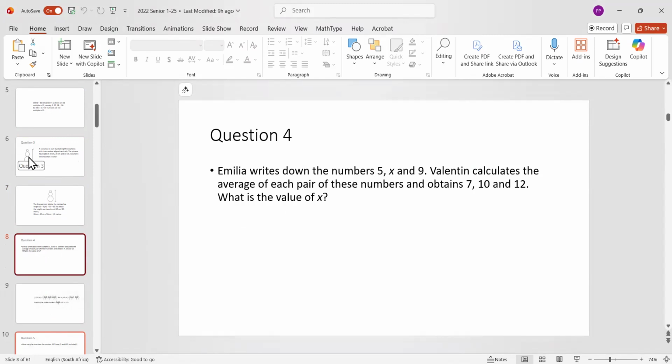Question 4 is the next one. Emilia writes down the numbers 5, x, and 9. Valentine calculates the average of each pair of these numbers.